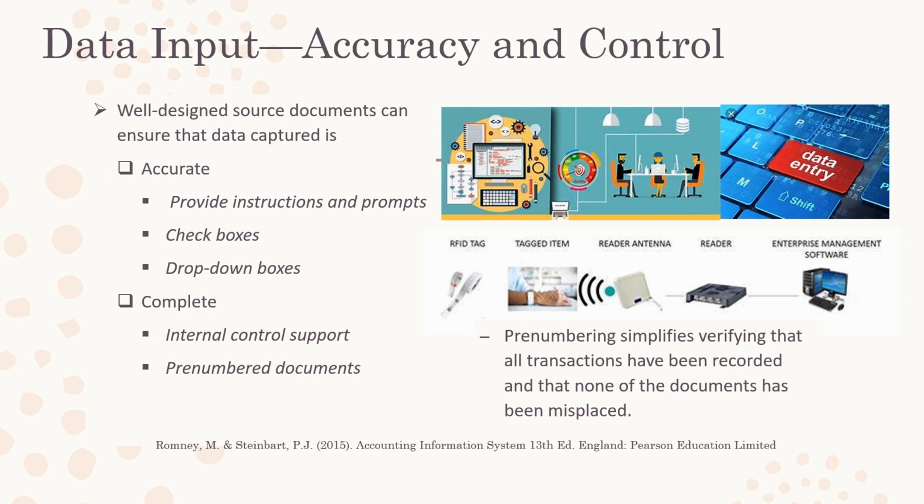You may also use the automation process in data input. Like here, we have the RFID tag, and of course, we have the barcode system. So that will eliminate the risk that your data are prone to errors.